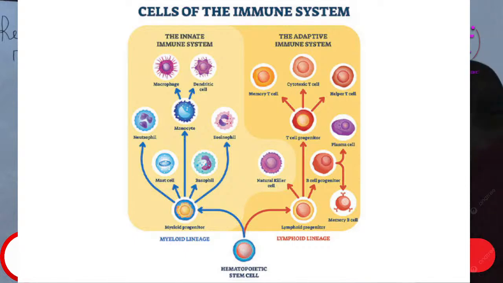So the T cells are further divided into three. They have three other arms. The first one will be memory, the one that will be responsible for memory T cells.